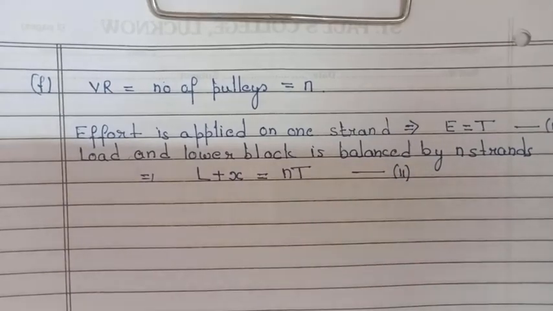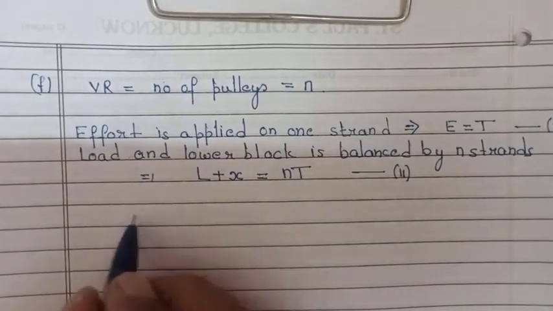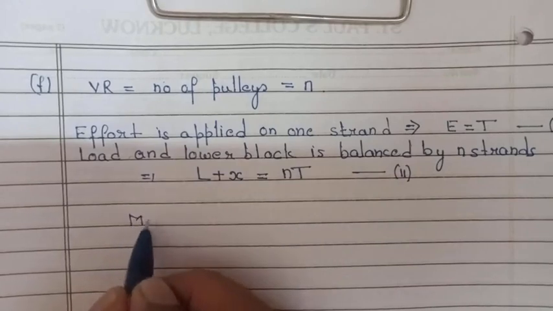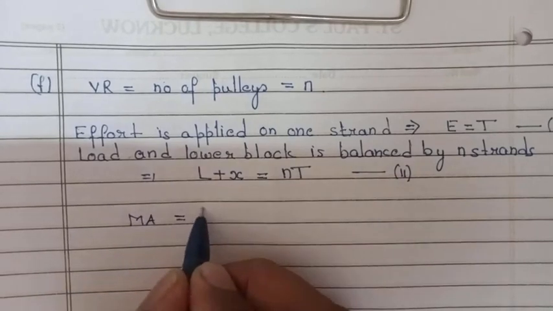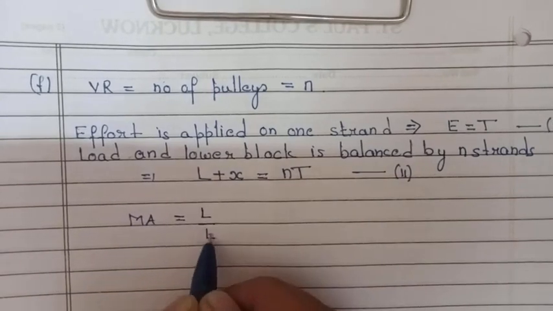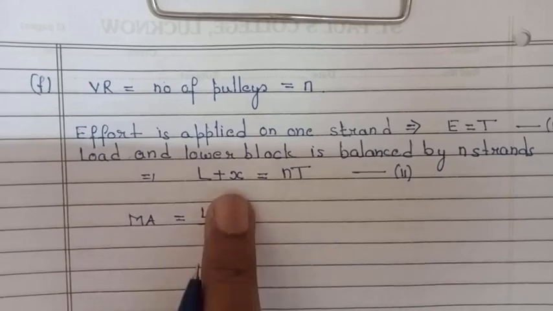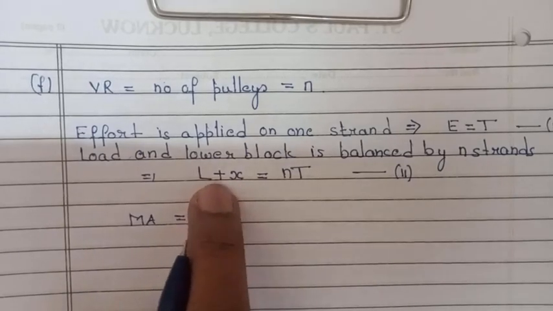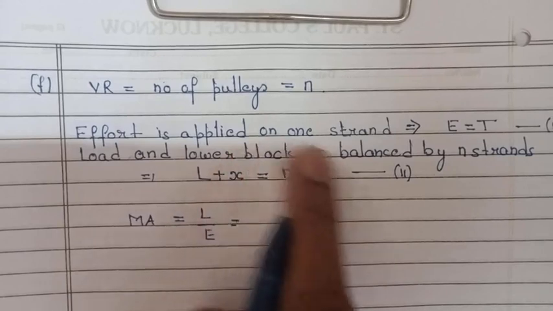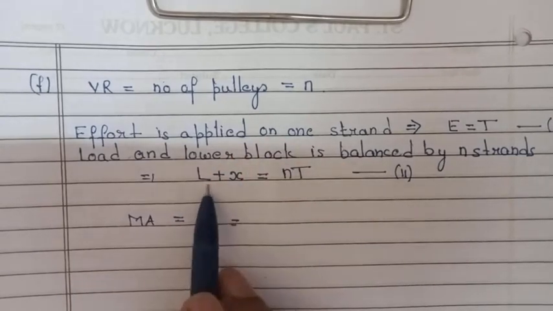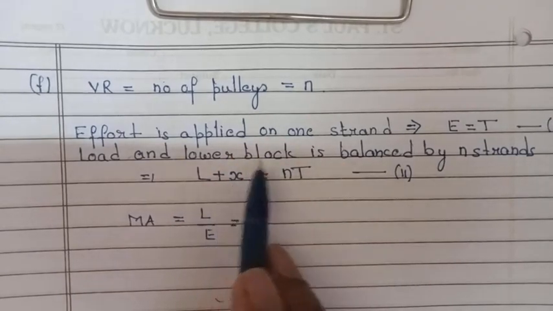Now how can we get the mechanical advantage? Mechanical advantage is equal to load upon effort. From the second equation you can see load is equal to nT minus x, as we transfer x to this side.